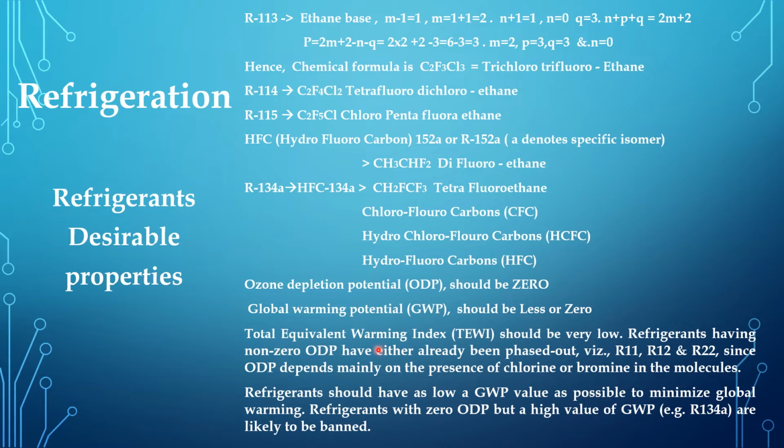Then the total equivalent warming impact (TEWI) should also be very low. Refrigerants having non-zero ODP have already been phased out, that is, already banned in the US and European countries. These are R11, R12 and R20. Still we are using them in our country in some places.